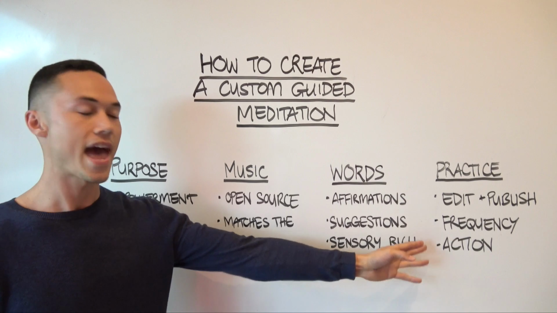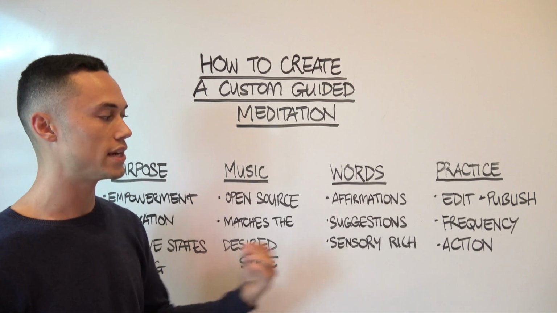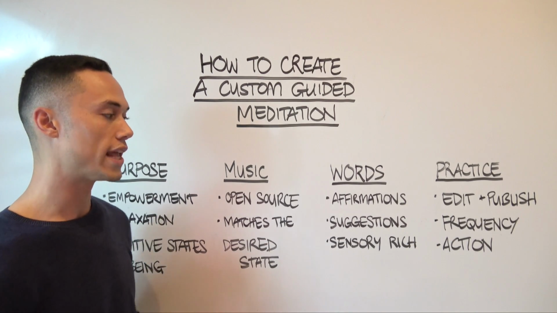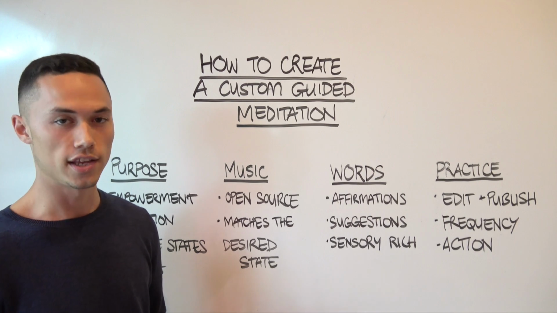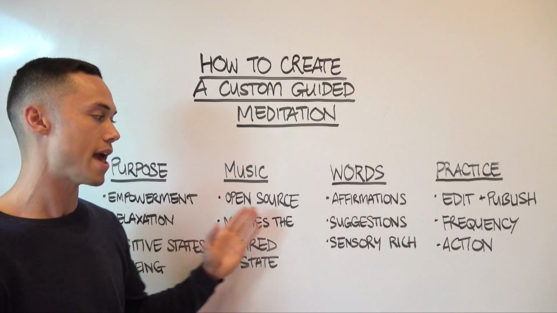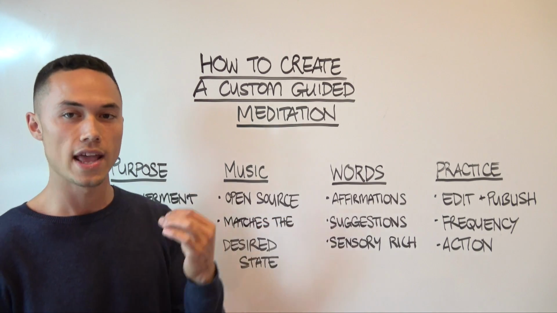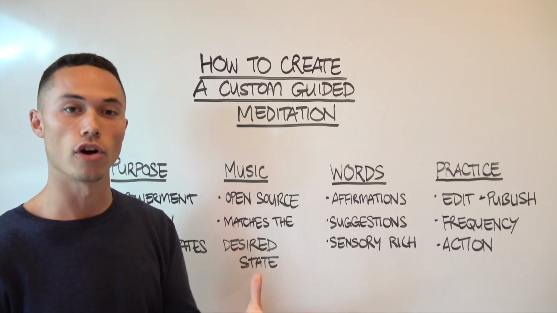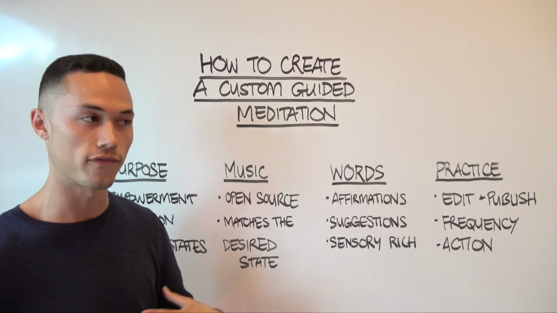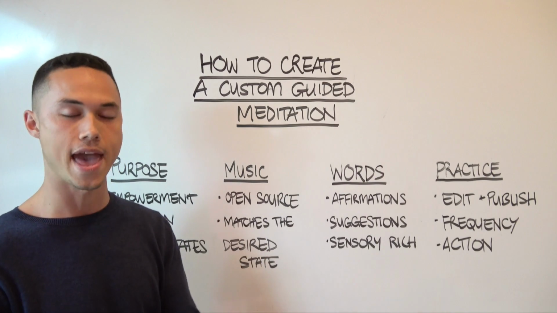And then lastly, action. After you've been doing this meditation, or in the process of doing the meditation, you need to think, okay, if this is about empowerment, this meditation is more about feeling states of power and confidence, which is a big one for a lot of us. We want to feel that sense of confidence and power.